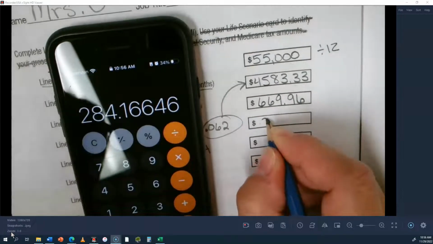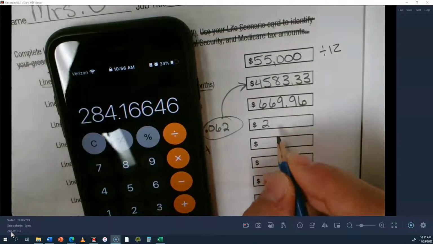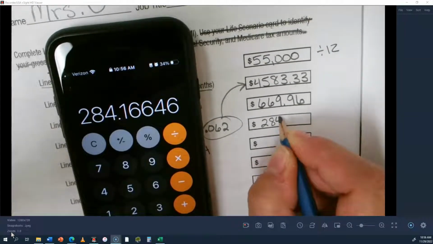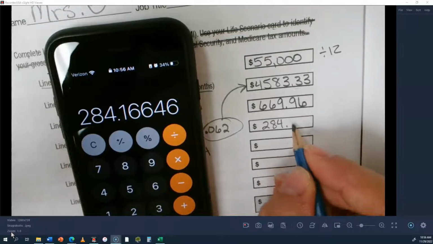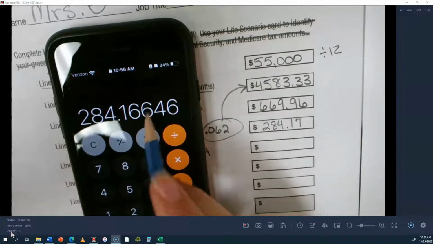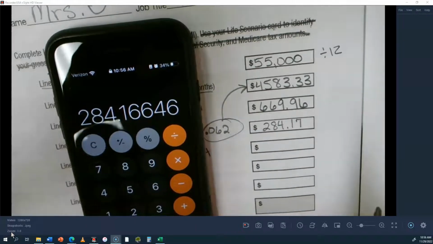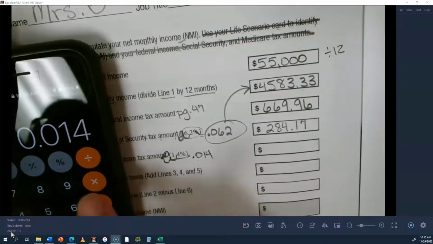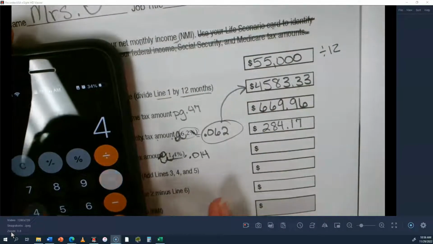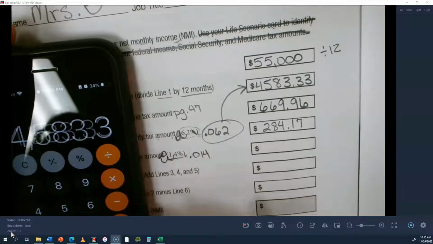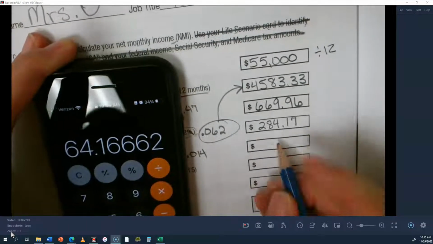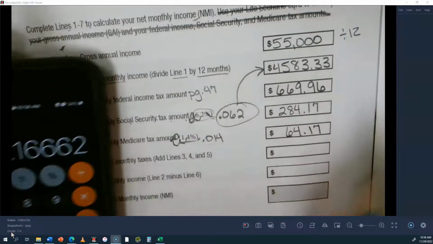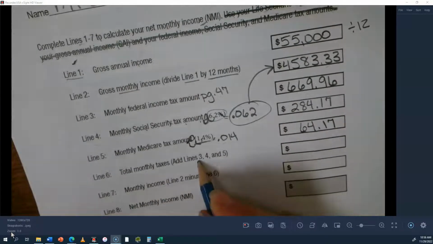And that's going to give me $284.17, because we're going to round it up, right? Okay, now I'm going to do that again for 0.014. 0.014 times my monthly income, 4583.33, and that's going to give me $64.17.